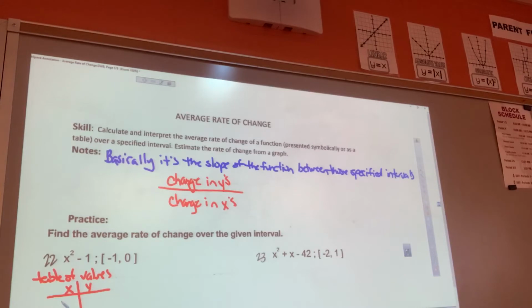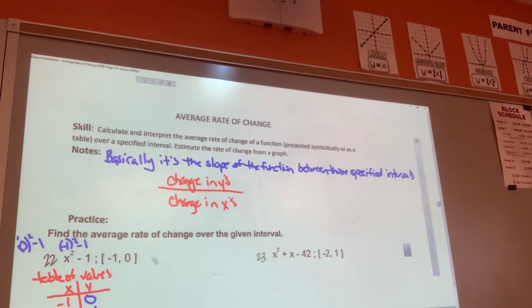So when x is -1, what do I get out for y? And when x is 0, what am I going to get out for y? If I plug in -1 and square it, minus 1, I get 1 minus 1, which gives me a y value of 0. When I plug in 0, 0 squared minus 1 gives me -1. So there's my y values, there's my x values.